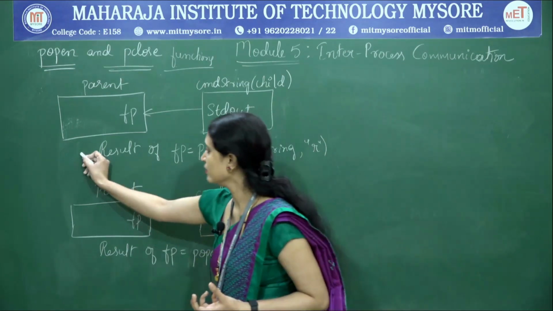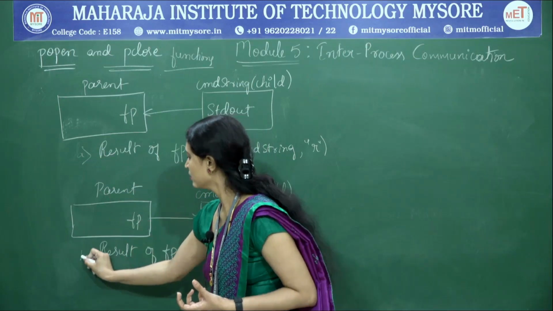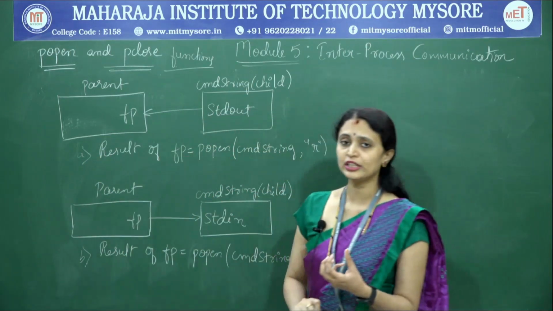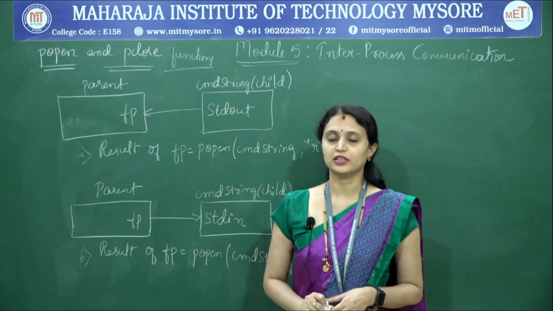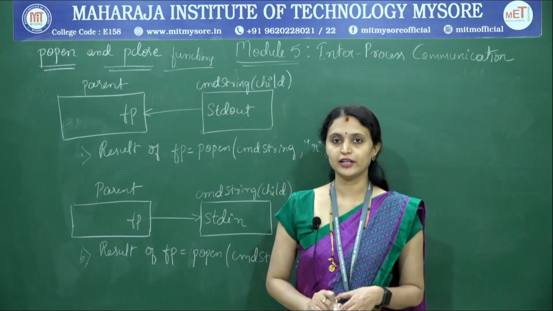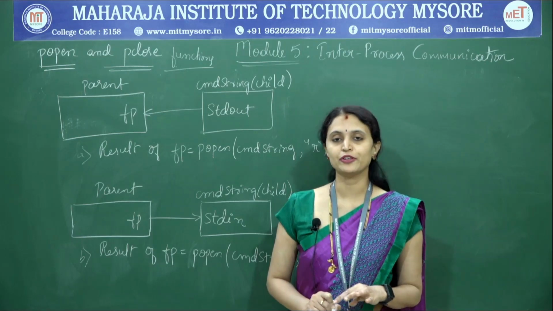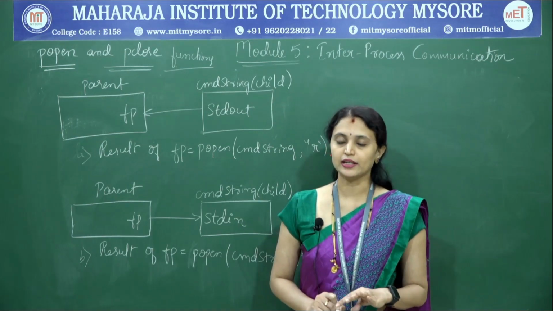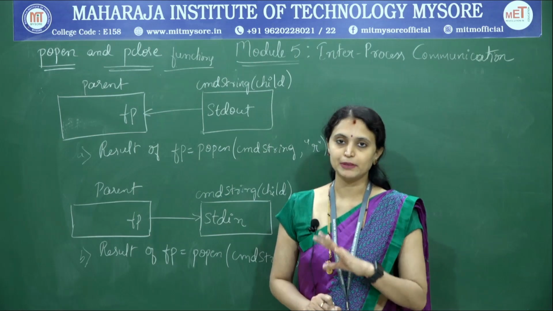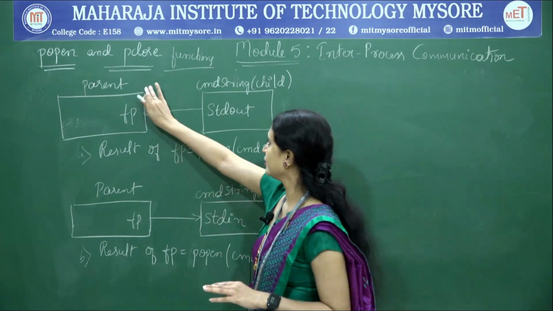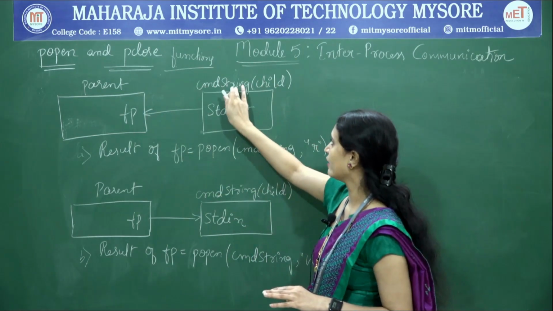Here, the first one indicates that whenever the command string has to be executed with the type R, that means in read mode, in that case the file pointer will be connected to the standard output. The same thing is depicted in this diagram. We have the parent process and then the child process, wherein we have the command string.